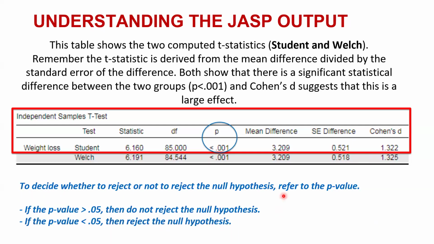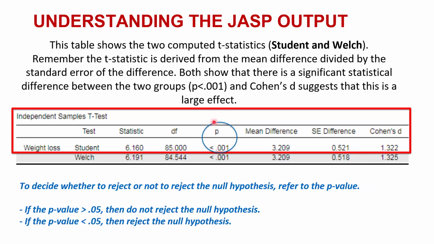Now, looking at this one, look at the p-value. To decide whether to reject or not to reject the null hypothesis, refer to the p-value. So the p-value that we have is less than 0.001. Now if the p-value is greater than 0.05, the decision is do not reject the null. But if the p-value is less than 0.05, then reject the null hypothesis.